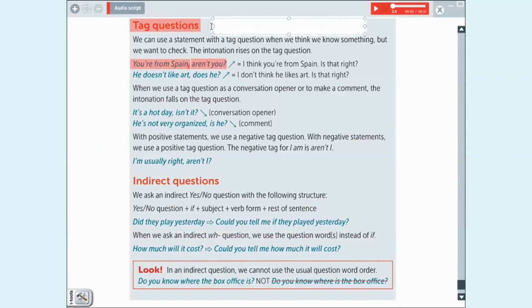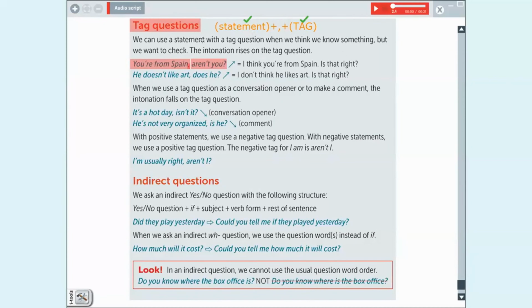Always the statement first, and after the statement, you place a comma, and then you put the tag question. It is always like this. We never say tag questions alone. They are never isolated. They are always with the statement. So you always need two elements, the statement plus the tag question.